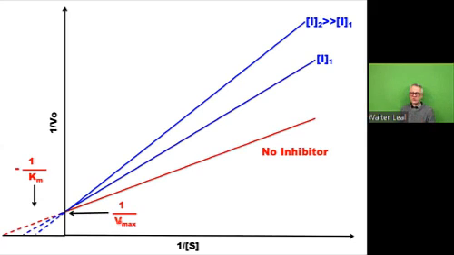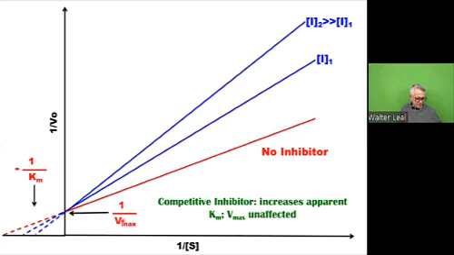In the Lineweaver-Burk plots, we have a change in the Km. The apparent Km is increasing, and the Vmax remains the same. So competitive inhibitors increase the apparent Km, but Vmax remains unaffected.